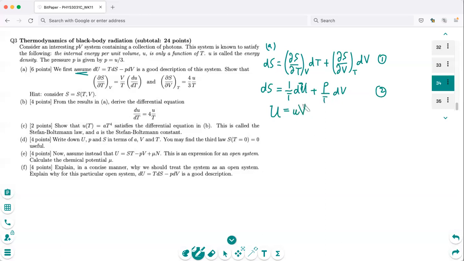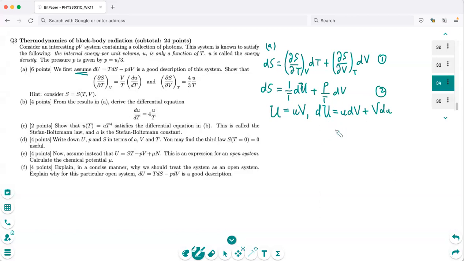So energy density, little u, is big U divided by volume. And therefore, dU will be u dV plus V du.